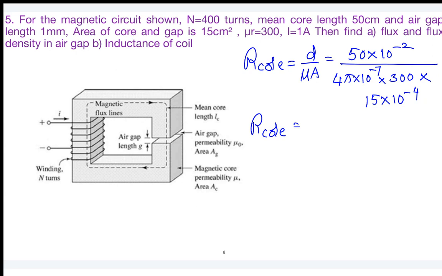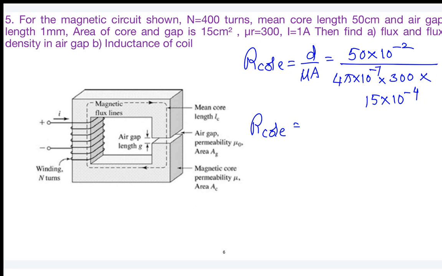Find the reluctance of the core. Similarly, if you are done with that, find the reluctance of the air gap also. If anybody is done, you can post the answers here. 0.88 into 10 power 6.